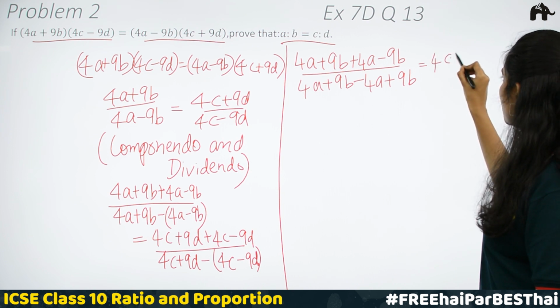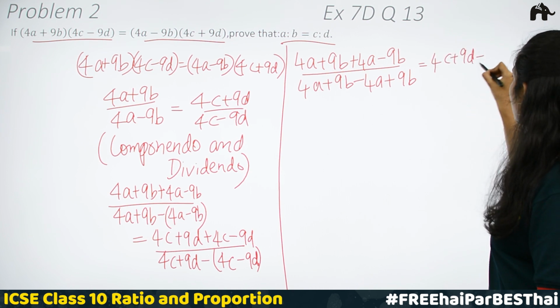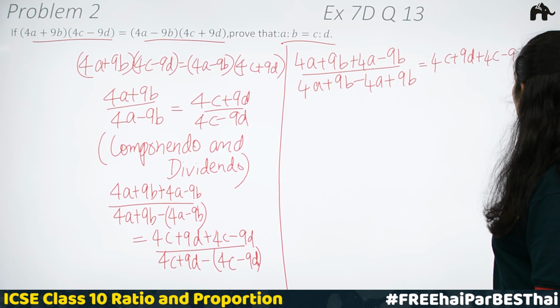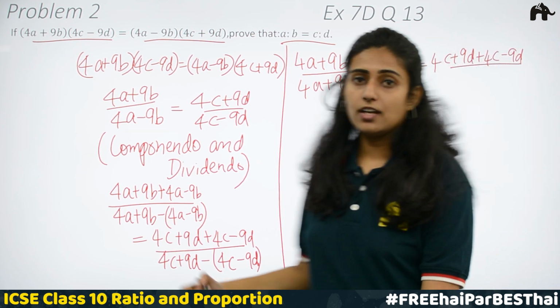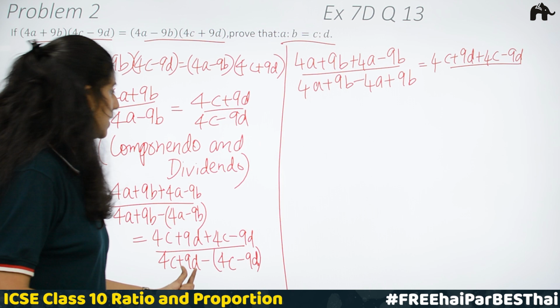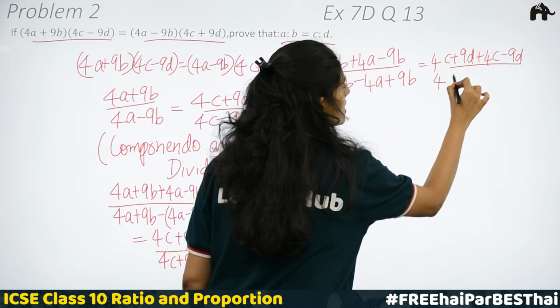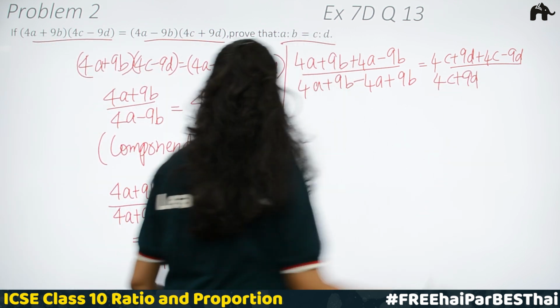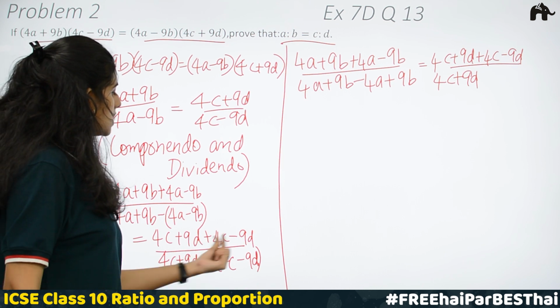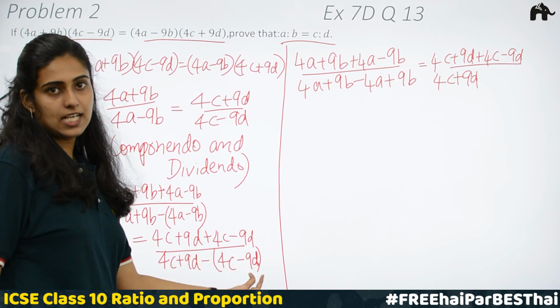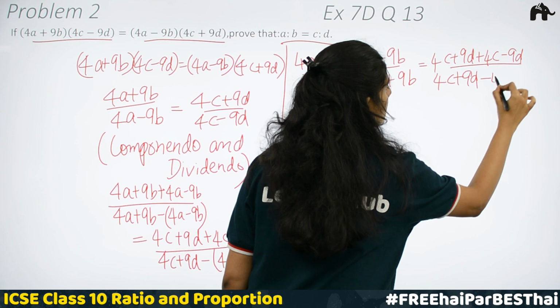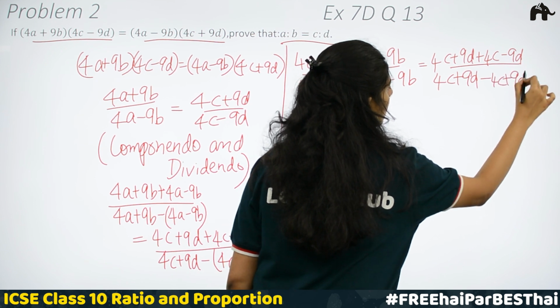Numerator it is 4c + 9d + 4c − 9d divided by denominator 4c + 9d minus 4c, minus of minus is plus, plus 9d.